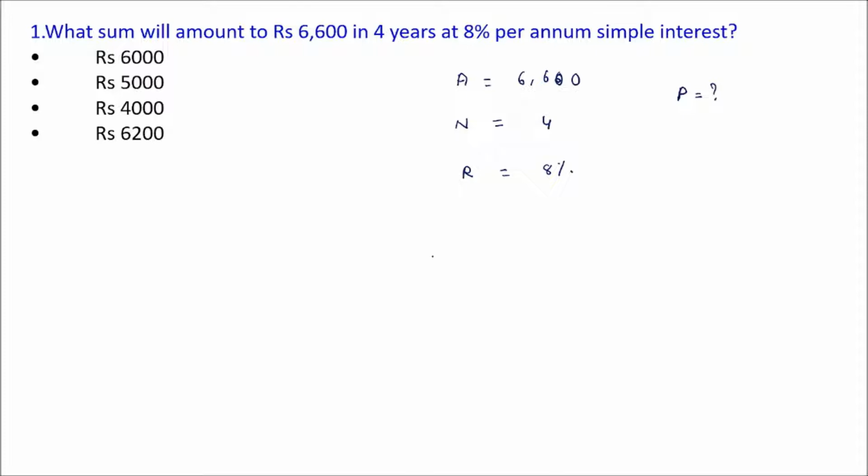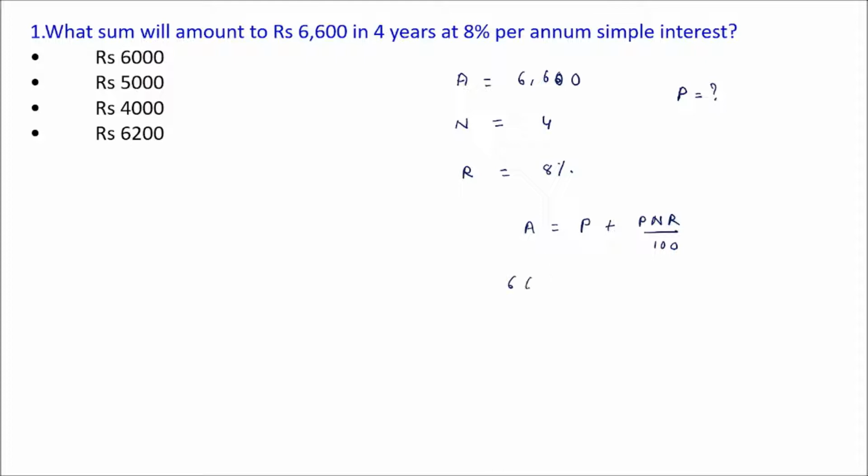What is our question? If we are getting this amount 6,600 in 4 years by simple interest at the rate of 8%, what is that amount which was invested for 4 years? So we know that amount is equal to principal plus simple interest, PNR upon 100. This PNR upon 100 is the formula for simple interest.